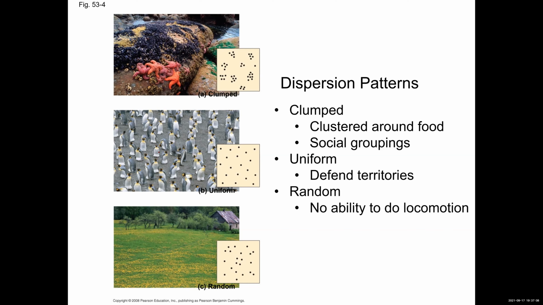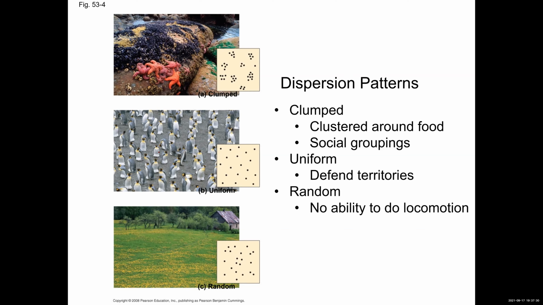So in the picture at the top, we see the starfish, the red and the orange and purple 5-armed animals. They're clumped together because their food source is there. We may also find individuals clustered together if they form a social group, like a herd of deer or of caribou.